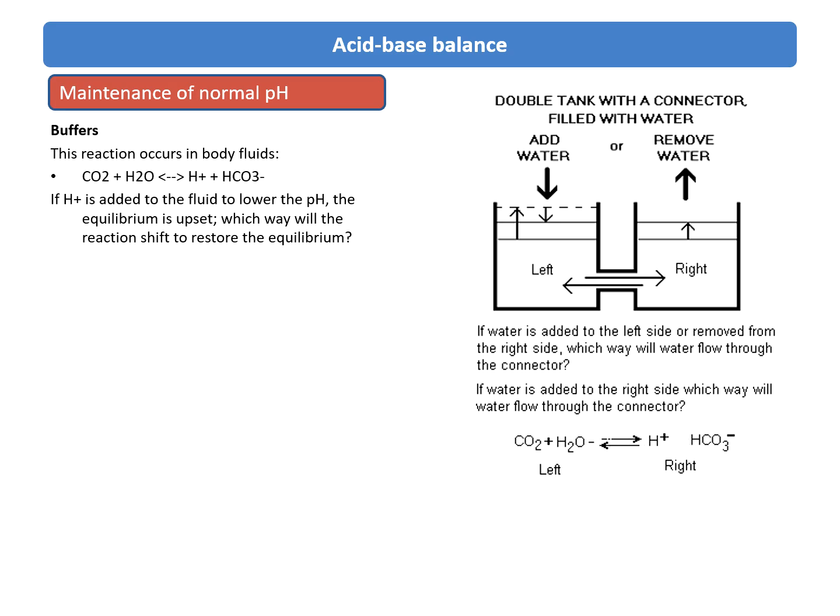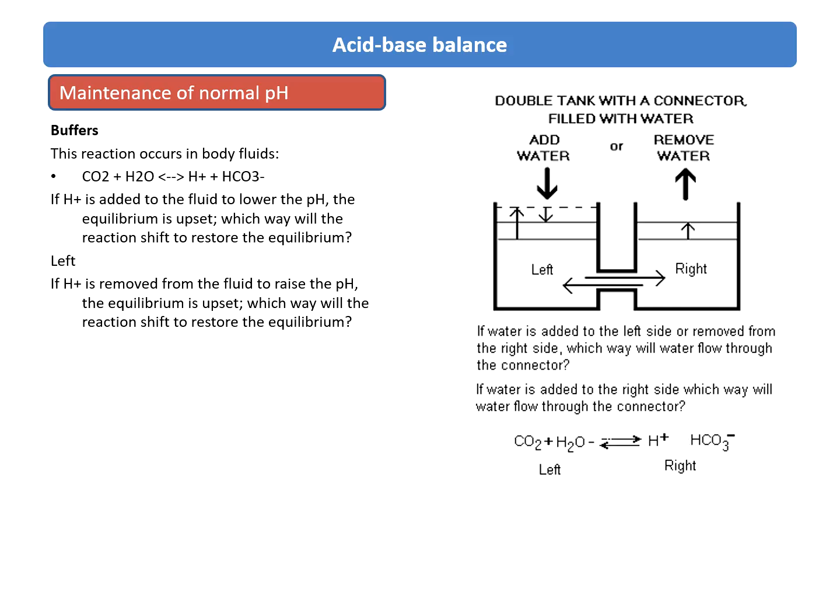If hydrogen is added to the fluid to lower the pH, the equilibrium is upset. Which way will the reaction shift to restore the equilibrium? Left. If hydrogen is removed from the fluid to raise the pH, the equilibrium is upset. Which way now will the reaction shift to restore the equilibrium?